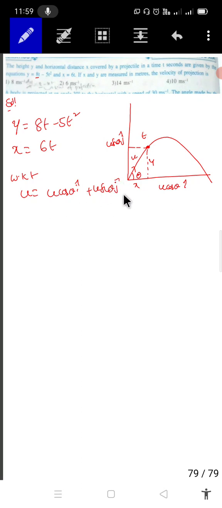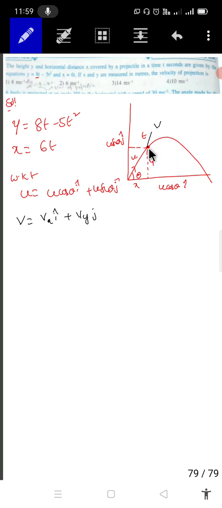This is the basic initial velocity of the projectile. But they have given the y and x components after t time. So after t time, the velocity at this point is v, which can be written as v equals vx i cap plus vy j cap.